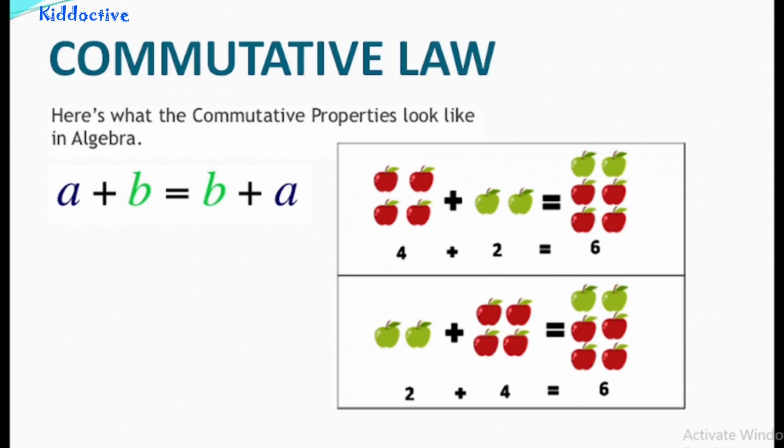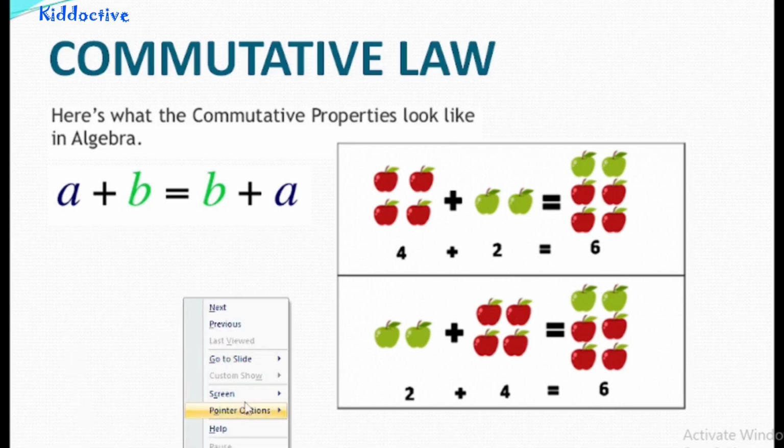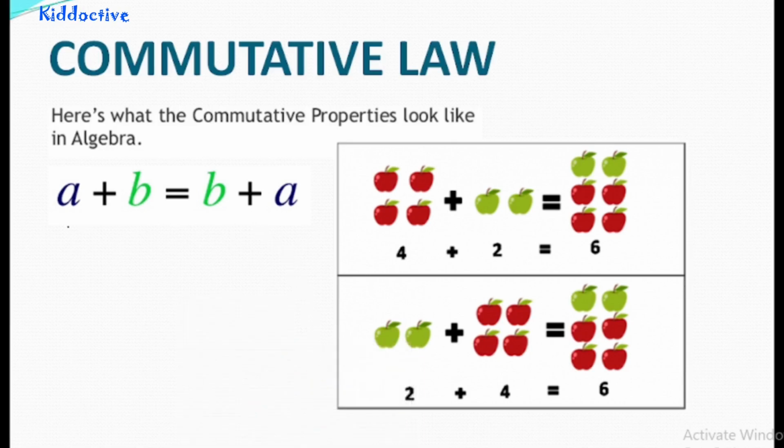Okay, so the second one is the commutative law. So what is the commutative law? Here it's written a plus b equals b plus a, meaning it's flip-flop, the order changed but the output is the same. Here the numbers' order has been changed, like a plus b.